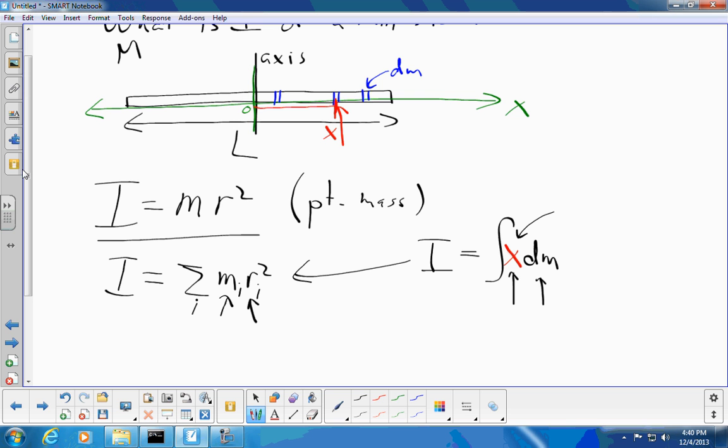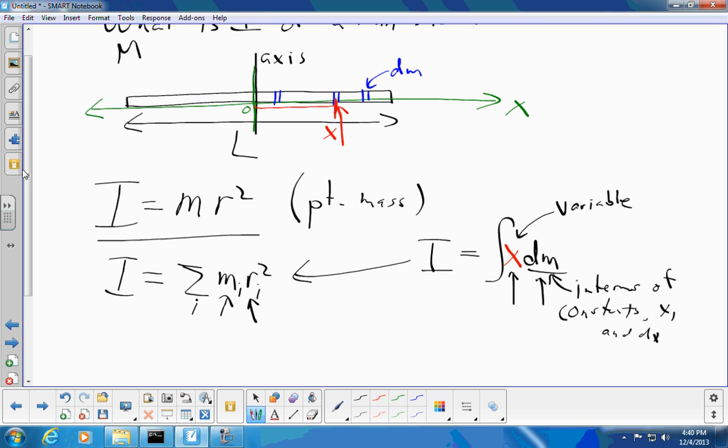So in other words, x is a variable, so I have to get dm expressed in terms of constants, x, and dx. This is going to be very similar to what we did with center of mass calculations, which is one of the reasons we did so many of them. And in fact, when we found the center of mass of a stick, we did something very similar to this. So let's do that again.